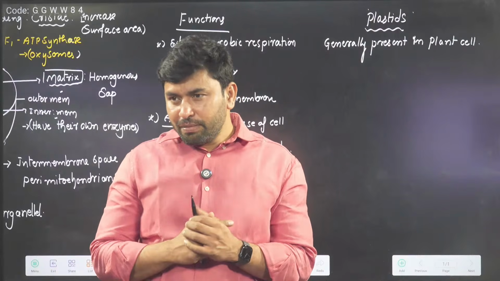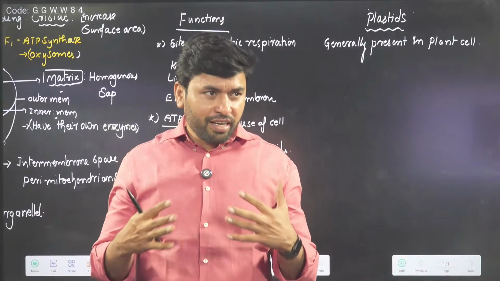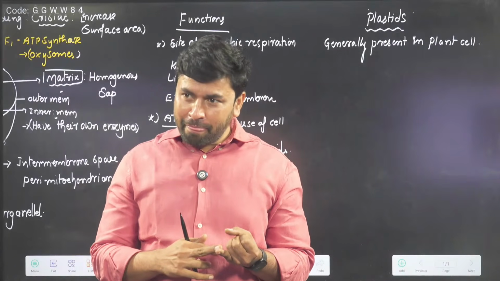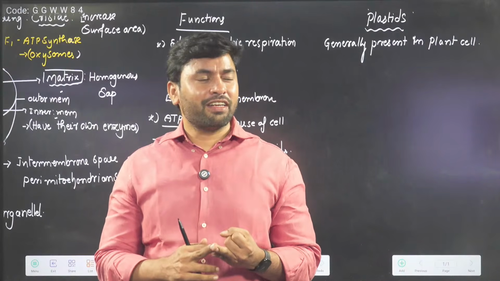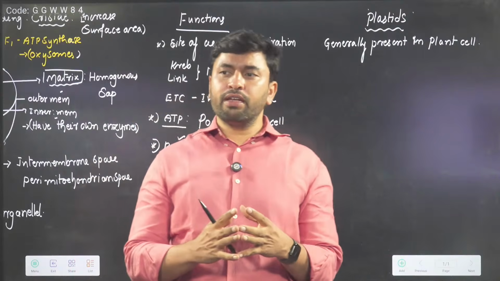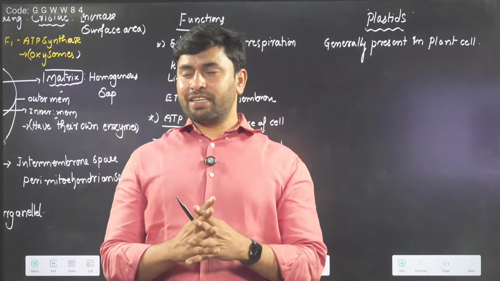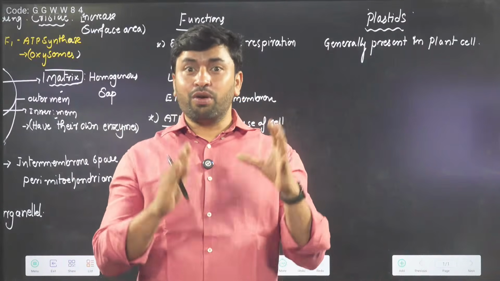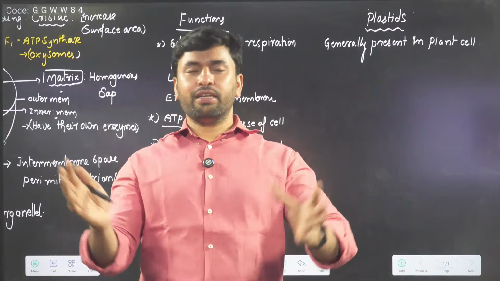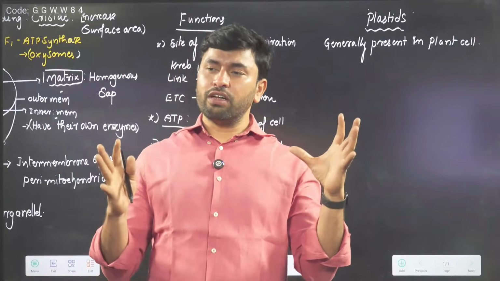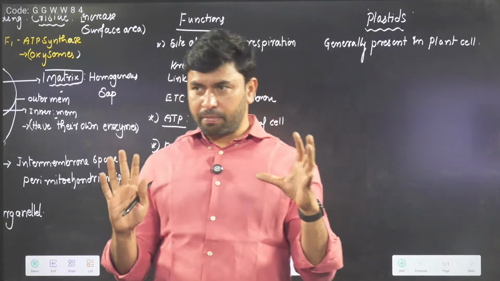All plant cells means what? The all represents algae, bryophyte, pteridophyte, gymnosperms, angiosperm. That is the meaning of their all plant cell. Not in one plant, all cells. That means variety of plants are there, they have cells. Almost all will have plastids.